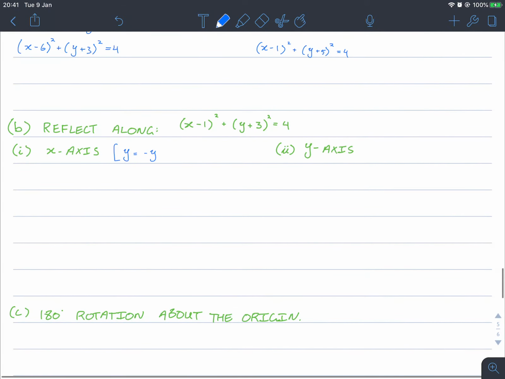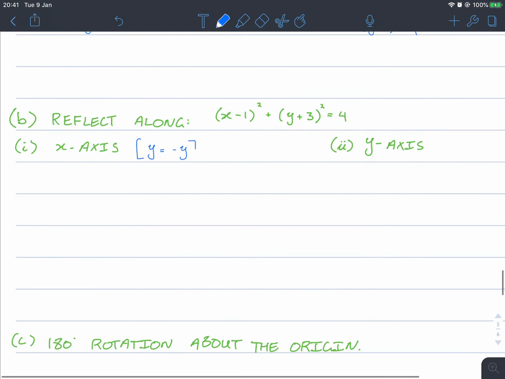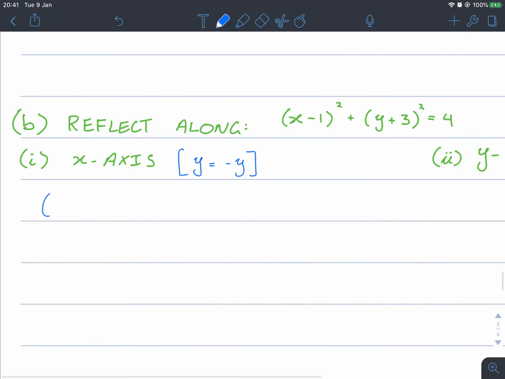This will give us x minus 1 squared plus negative y plus 3 squared equals 4.